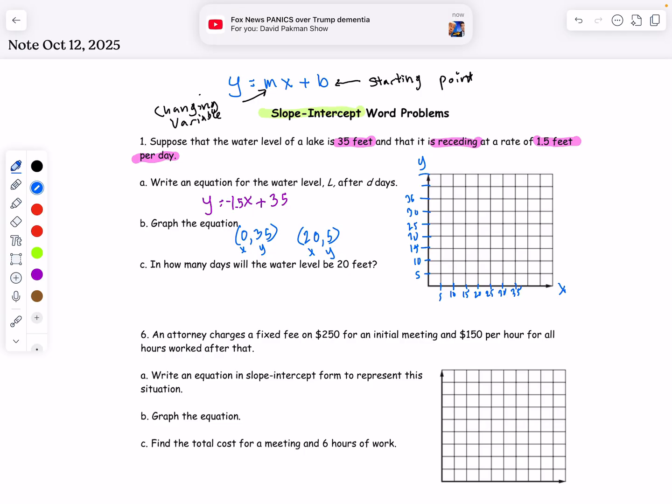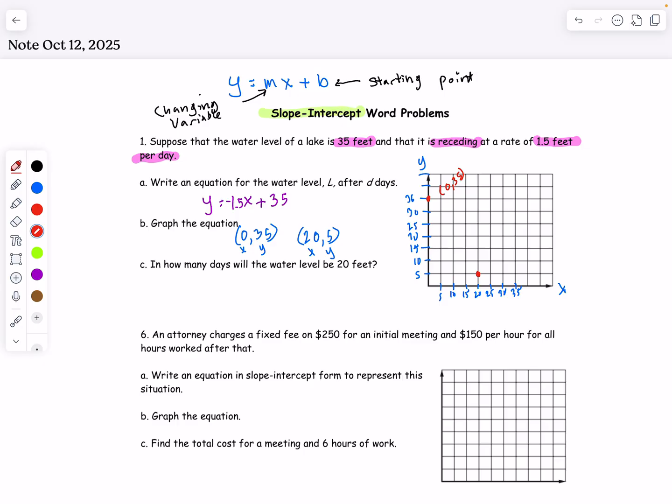All right, let's graph our first point. So 0, 35 is going to be right here. I'll even label it. That's right there, 0, 35. The other point would be 20, 5. You can see that point is right there.